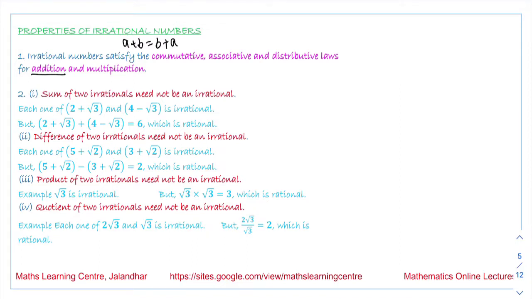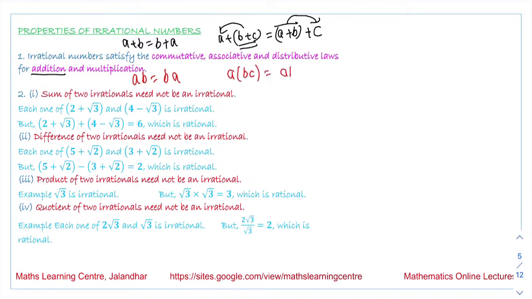Then if we are talking about associative, it means a plus b plus c is equal to a plus b plus c, that is, you add b plus c and then add a to it, or you add a plus b and then add c to it, you will get the same answer. Similarly, they satisfy for multiplication, that ab is equal to ba and a into bc is equal to ab into c.